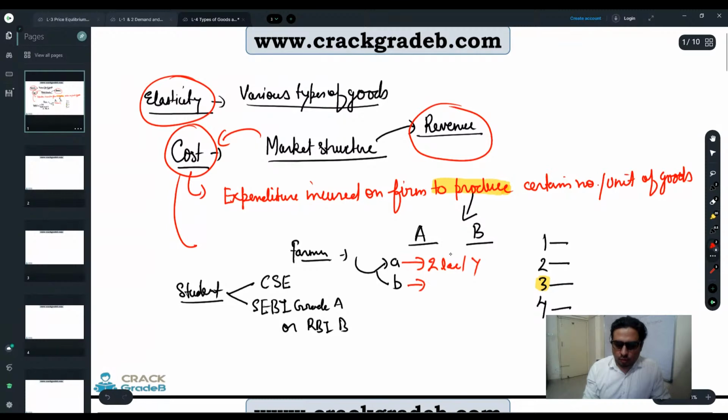Whereas if I will go for crop B, then my income is going to be 3 lakhs. So he has two options, and he found that option B is more rational. So he is thinking to take this decision.